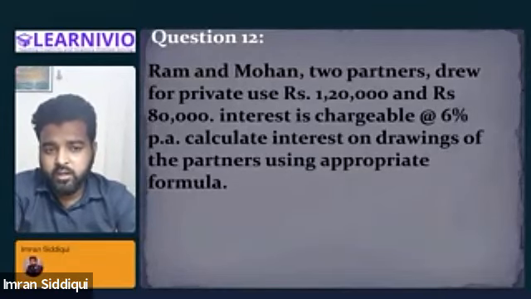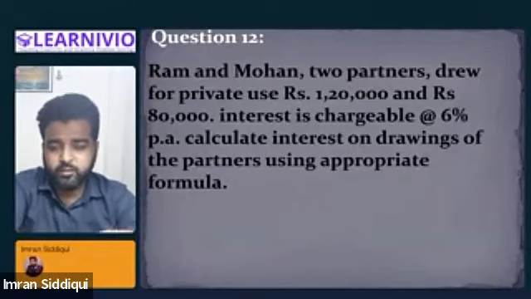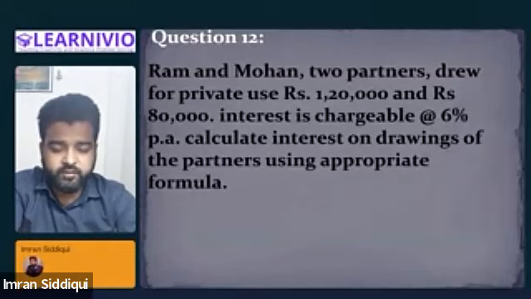Now see, the amount of drawing is given, 1,20,000 and 80,000 for both the partners respectively. Rate of interest is given, and if nothing is mentioned, what will we presume? We will presume that this amount must have been drawn at equal intervals, and the same amount has been withdrawn throughout the year.